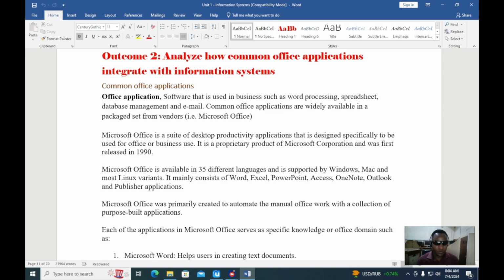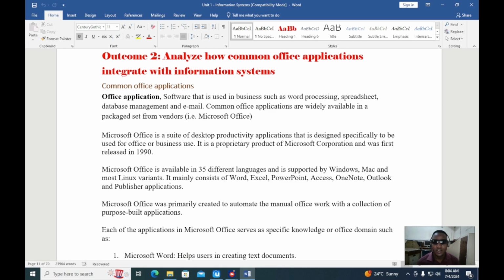So the first thing, we need to know what office applications are. When we talk about office applications, we are talking about software that we use in business. For example, we have software that we use for text editing and typing, such as word processors, software that we use for spreadsheets, software for the management of databases, and software for emails.